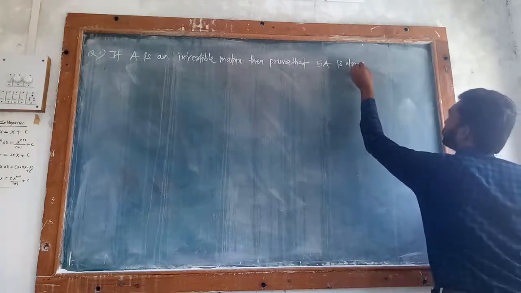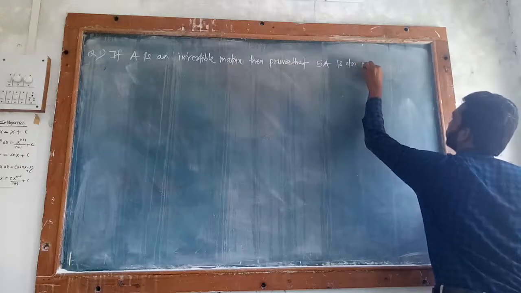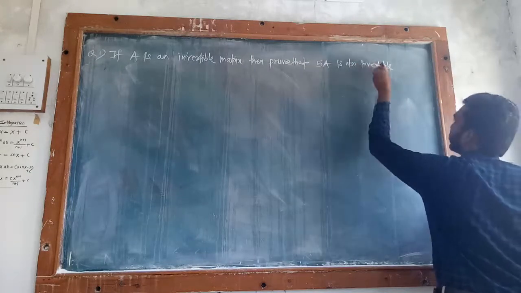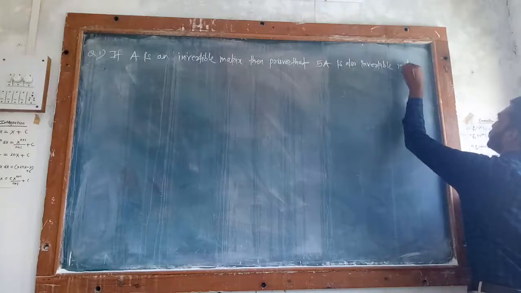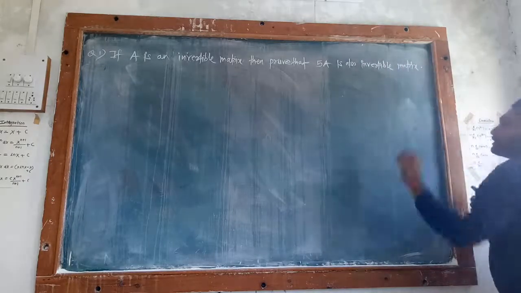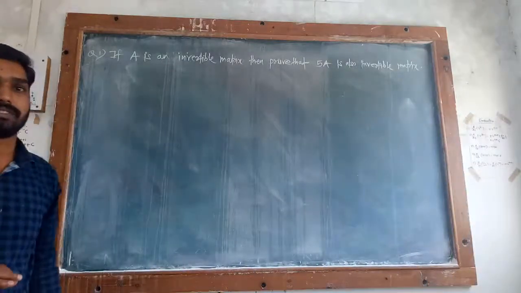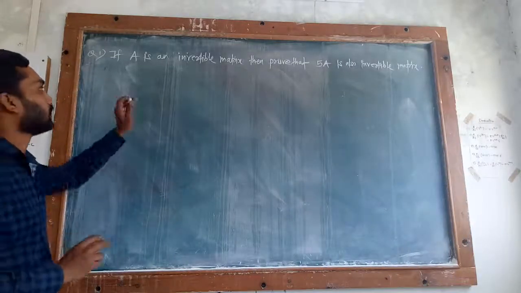We want to prove that 5A is also an invertible matrix. Okay? It is so simple. We only need the definition of an invertible matrix.